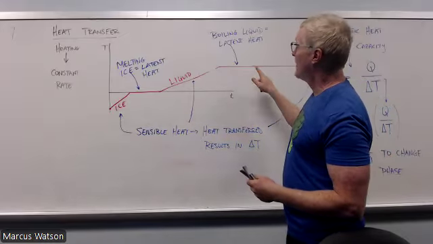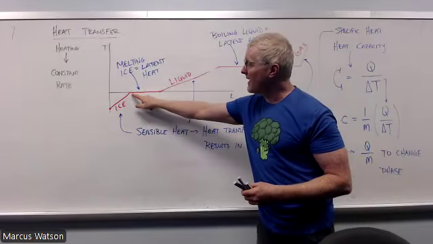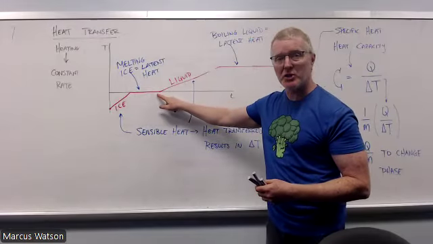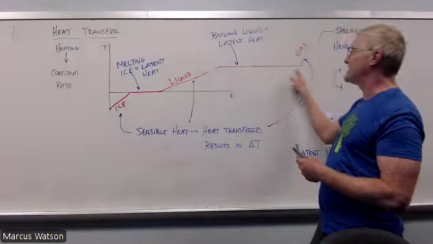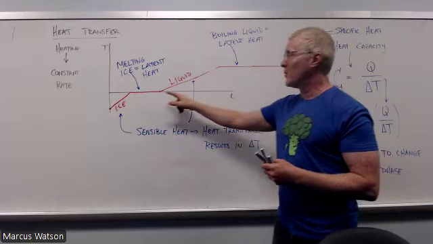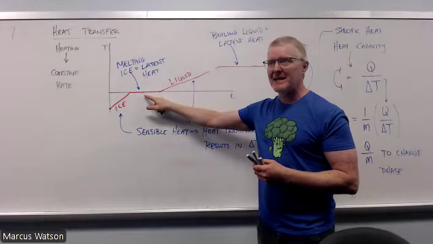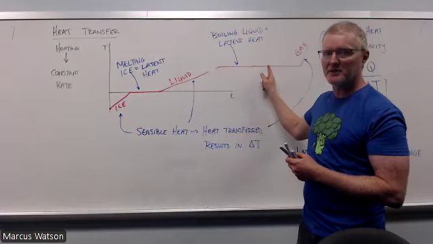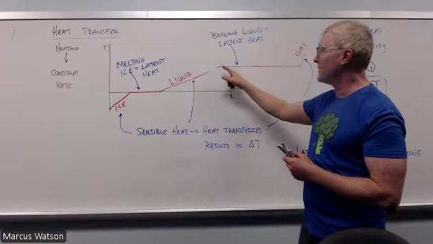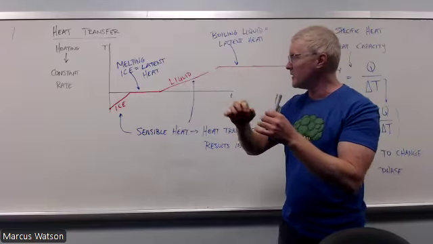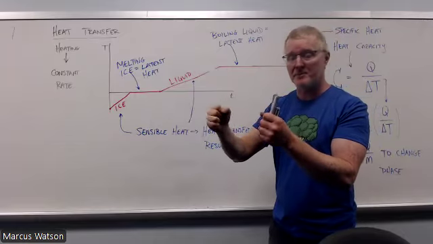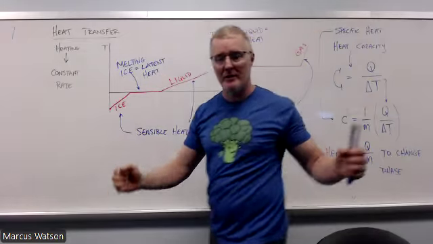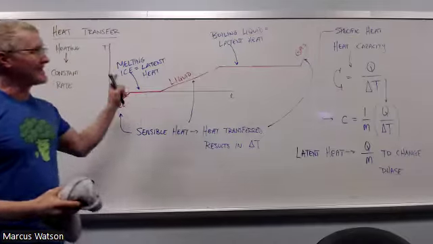So that would be one reason why this plateau is so much smaller than this plateau, because the weakening of the bonds takes less energy than the complete destruction of the bonds, which is this situation here. I am taking these liquid bonds between molecules and ripping them apart. That's why it takes a lot more energy.